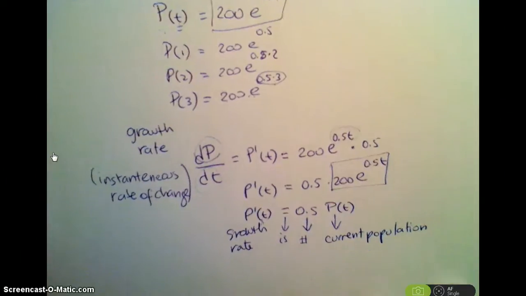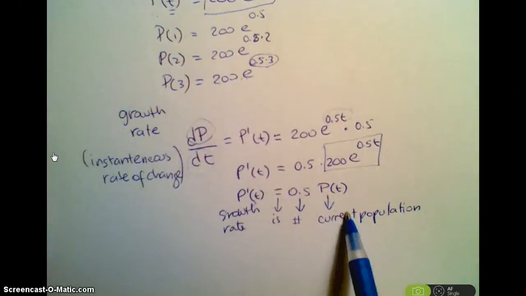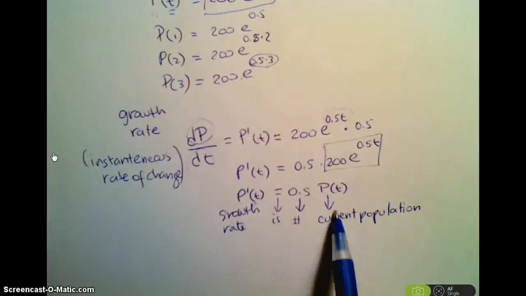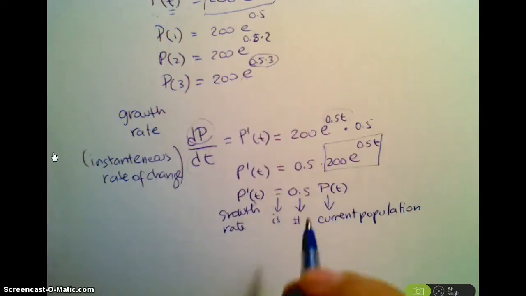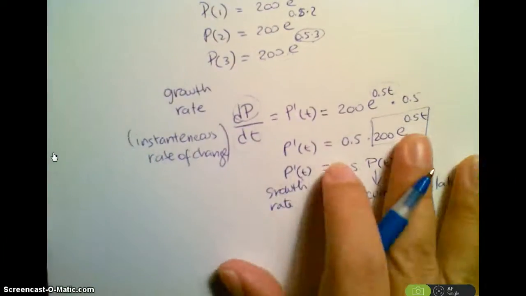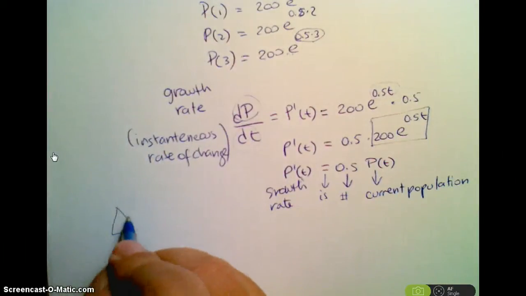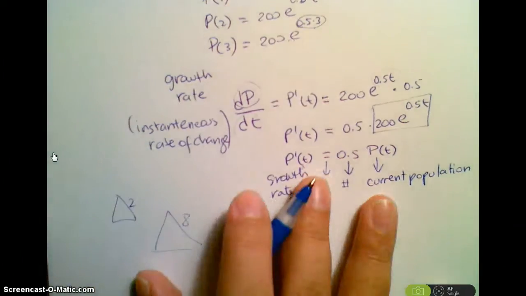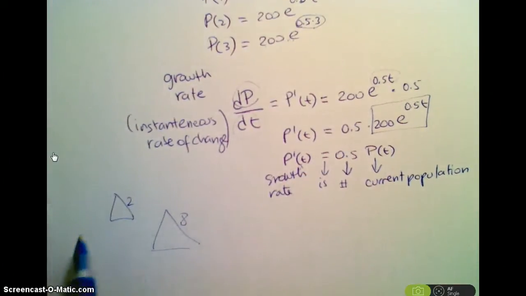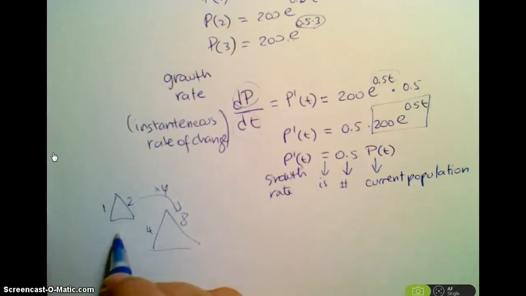Now when that happens, when a number is a constant times another number, those two quantities that change are said to be proportional. For example, if I have a triangle where one side is 2 and I have another triangle whose side is 8, and I know that these two are proportional, that means that if the other side is 1, then this side must be 4, because the relationship is times 4.